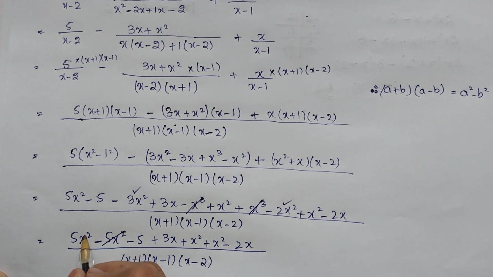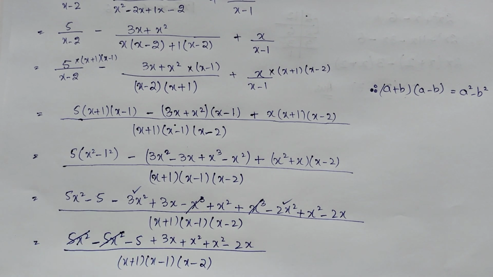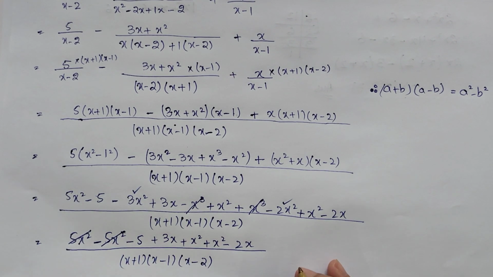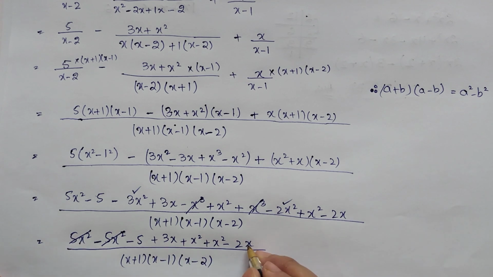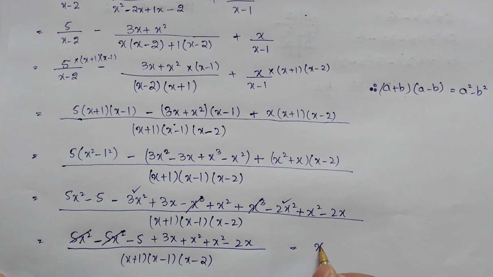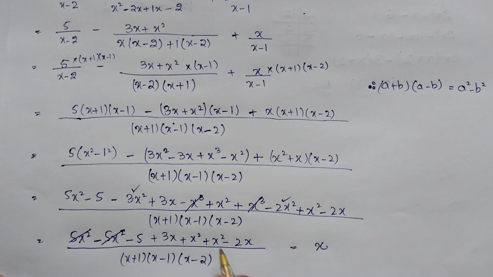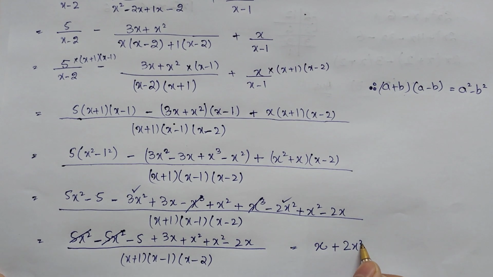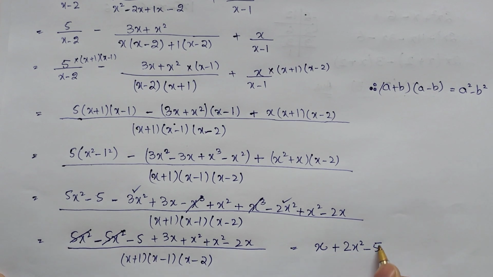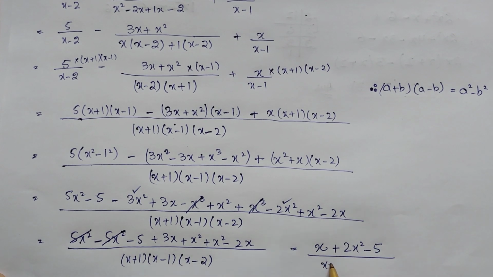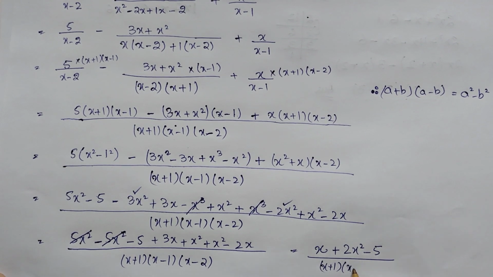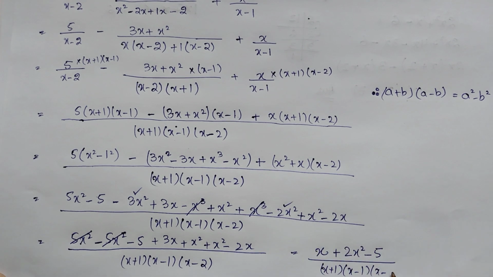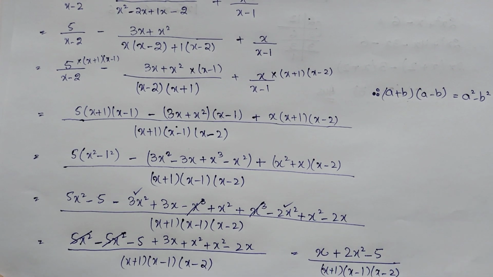This plus 5x square is cancelled by the 5x square, and plus 3x and minus 2x becomes x. x square plus x square becomes 2x square, and minus 5 as it is, over x plus 1 into x minus 1 into x minus 2. This is your simplification.